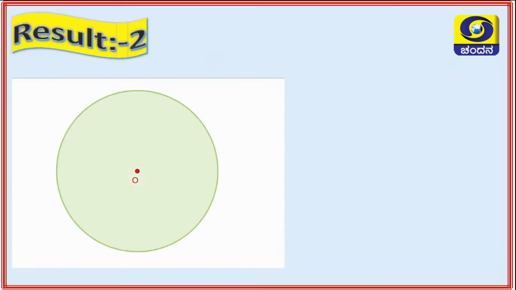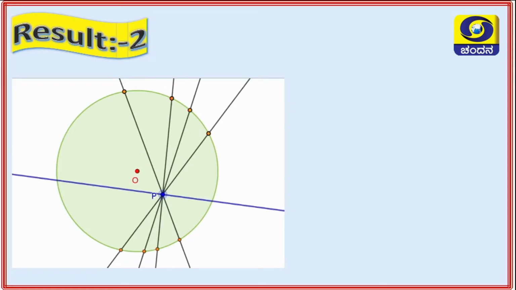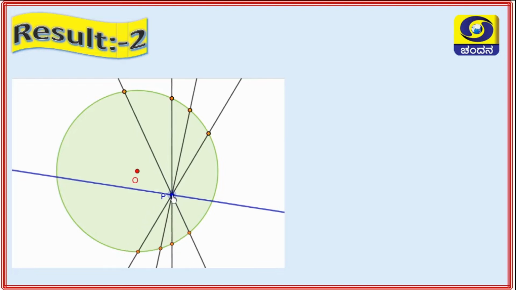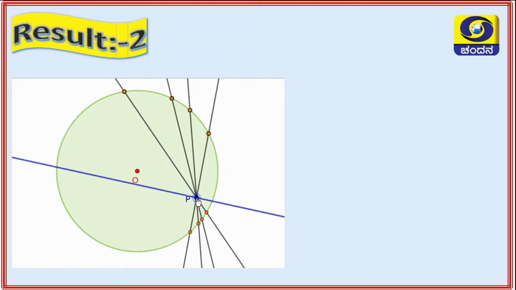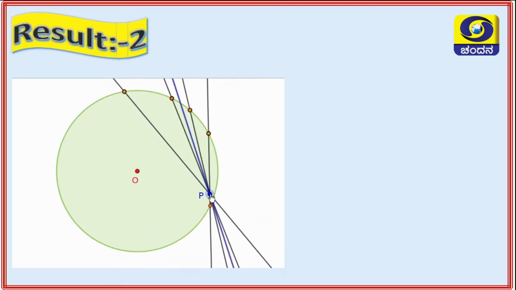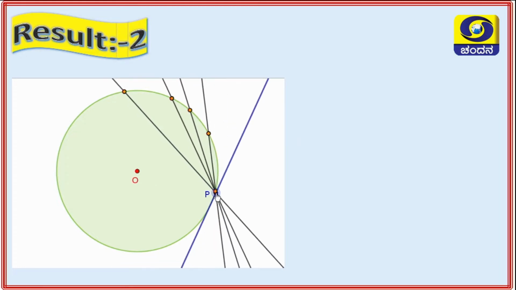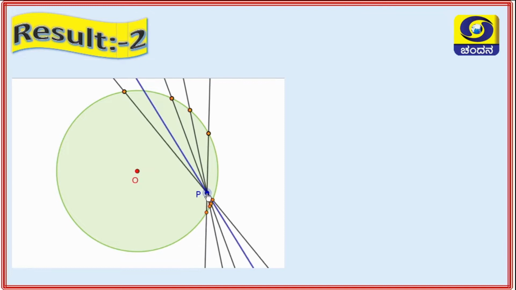Next, I told you to mark a point on the circle. In the second case, we are marking the point on the circle. Now, the point P was inside the circle. Now, we are taking that point P on the circle. Observe how many tangents can be drawn. You observe only the line in blue color is tangent to the circle and all others are secants to the circle.